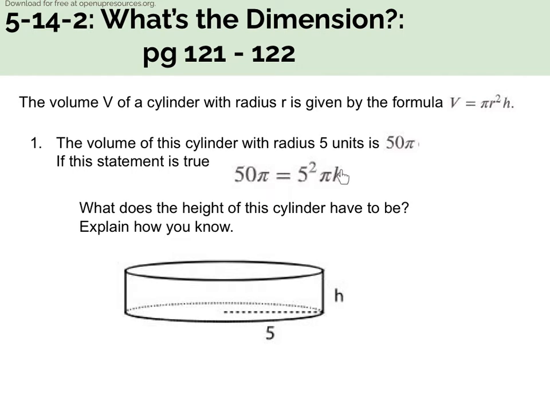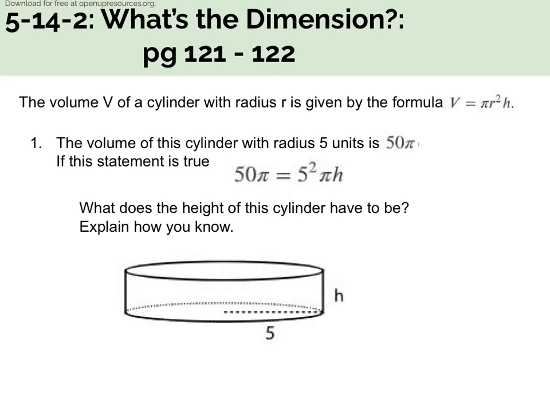What would the height be, and explain how you know. Go ahead and pause, answer that question, and please write down how you explain how you know, because we're going to be using this today and also for the next couple of days. So pause, answer that question, and then come back to me.